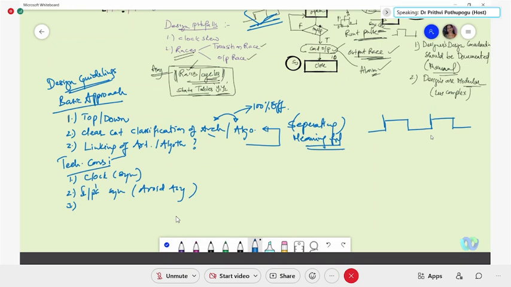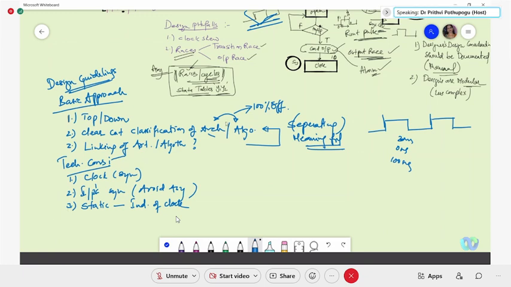Your system response should be free of all these pitfalls. That means you make your system static, independent of the clock. Whether it is 20 nanoseconds or 0 nanoseconds or 100 nanoseconds, your system response should be the same. Your designs are then said to be static.